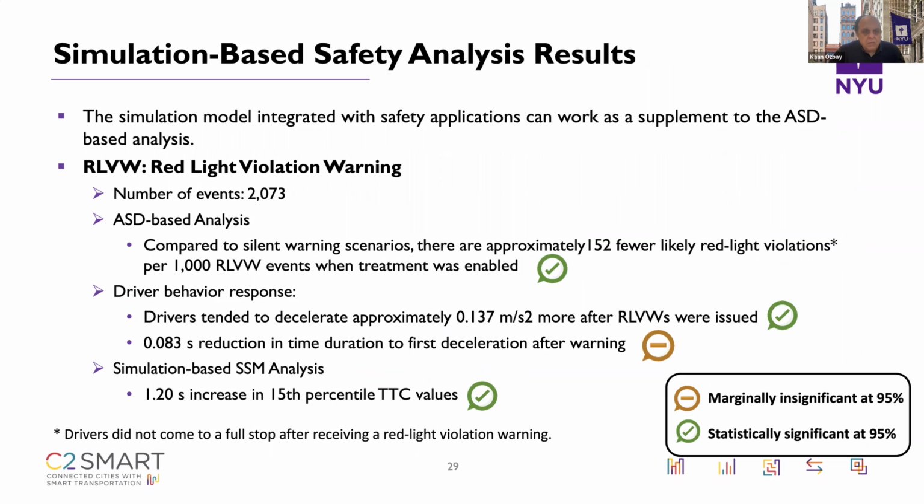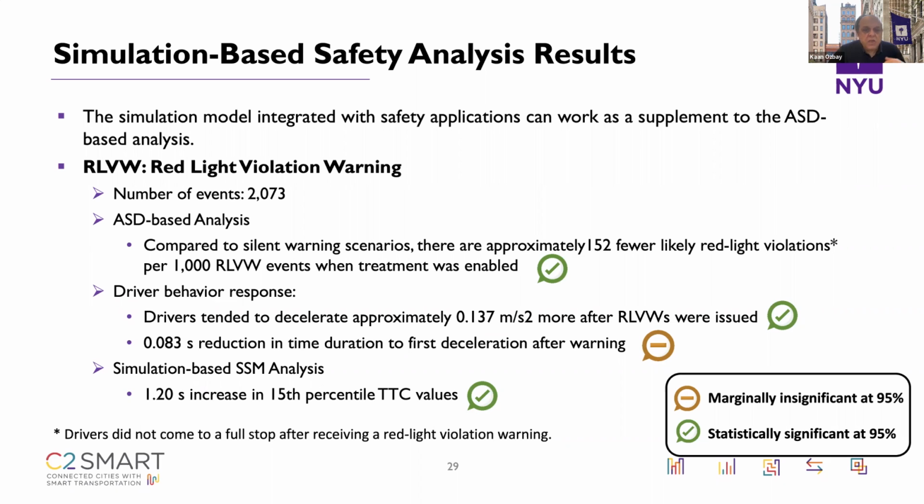The first three bullets are from the data. There were 2,000 plus events that we observed in red light violation warning. Comparing the before and after periods, there were 150 fewer red light violations.